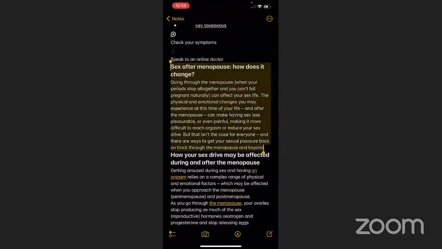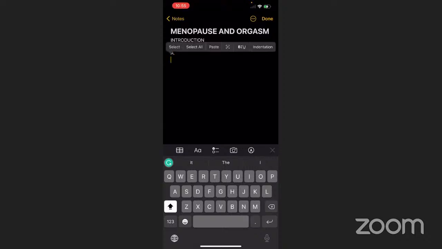I can select it again, copy, and come back to my new notes and make it my topic, menopause and orgasm. Then I'll put introduction. Then I can now put my section A and then I'll dump this.